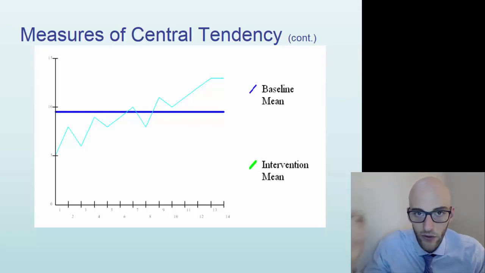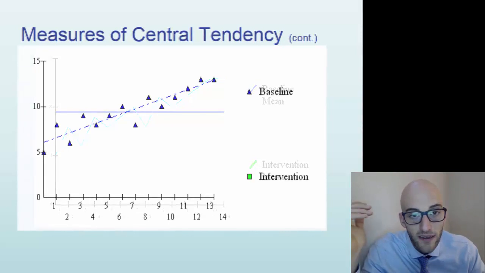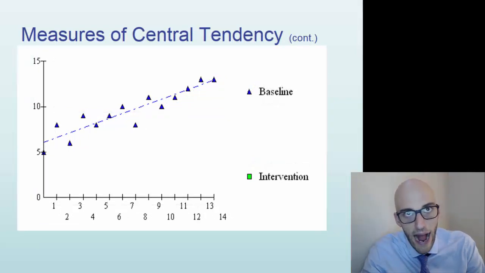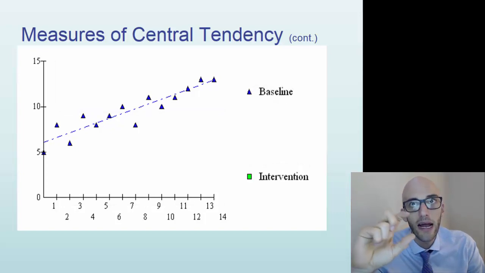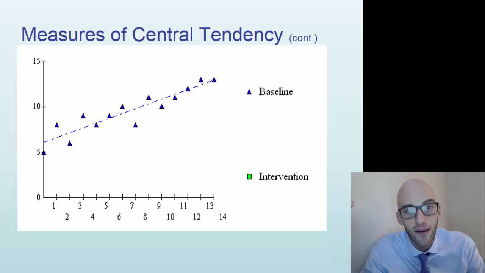So another thing we do within single system design, if we see a trend like this, is superimpose an acceleration line. The acceleration line gives a moving average of the data points and helps us determine where the trend might be going, and whether there appears to be an increasing or decreasing trend.